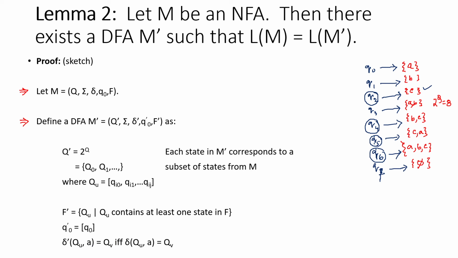I can write the delta dash of this DFA with qu as the initial state, and if A is the input, you can go to qv. This particular transition function can be written if and only if there is really a path from qu to qv for this A. Then only I can put it. And in this way I can design this delta dash.